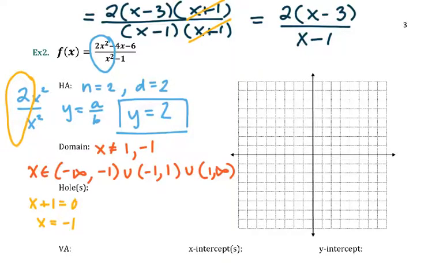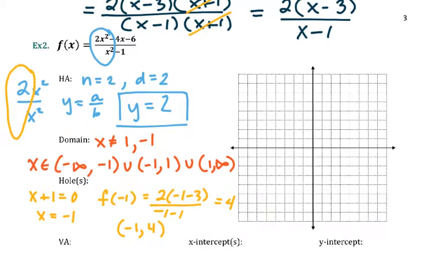So I'm going to take this x equals negative 1, and plug it into the reduced version, and that is f of negative 1 equals 2 times negative 1 minus 3 over negative 1 minus 1. And I end up simplifying that down. It becomes 4. So the hole is at negative 1, 4.